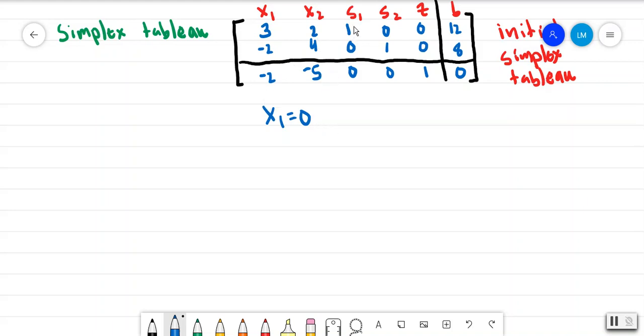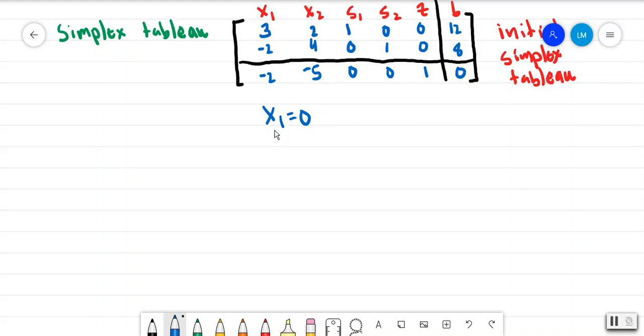So what a pivot means is that you have an entry that is a 1, like this right over here, followed by some zeros. So for example, if this was a 0 and that was a 0, then x1 would be equal to 4, because right there, that would be the pivot. So essentially, you want to go from what we call non-basic to basic.